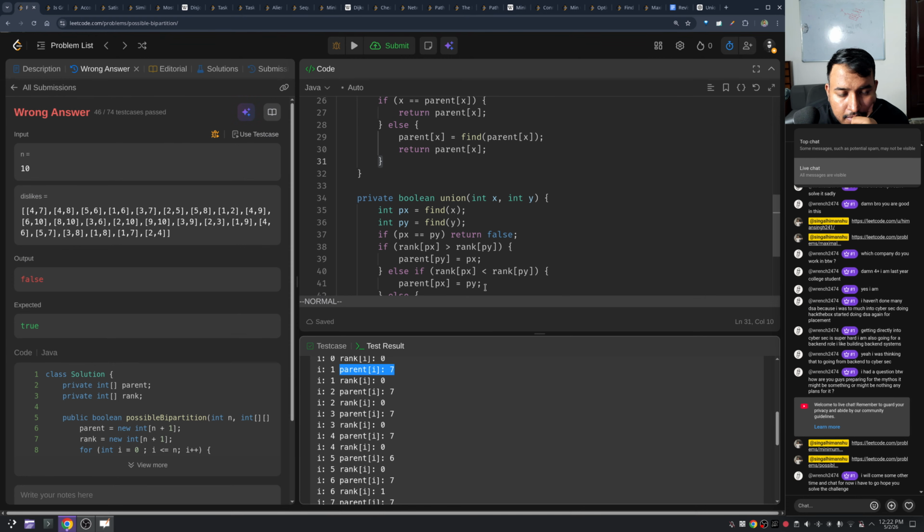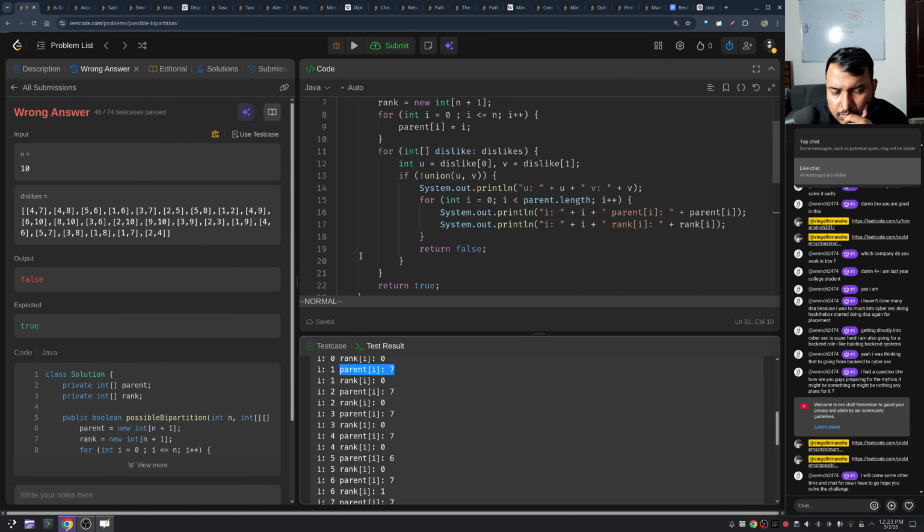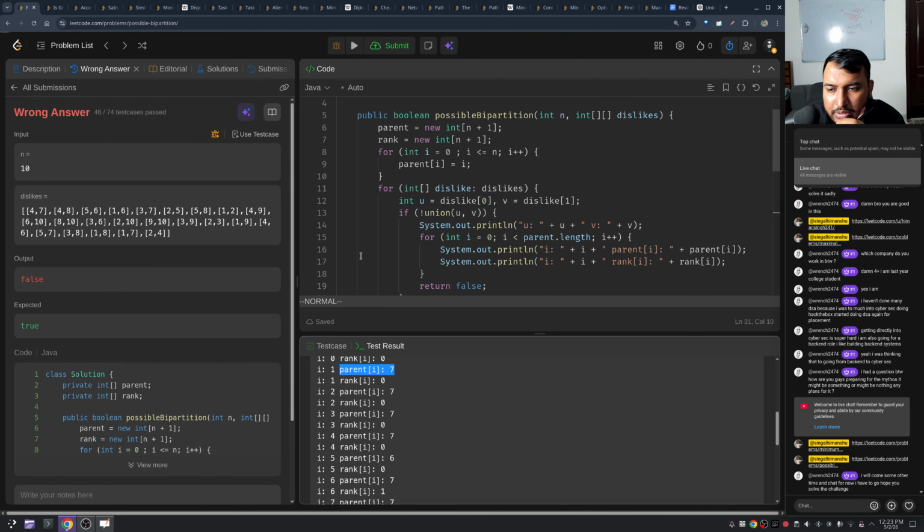How is this possible? Should I be sorting or something? I don't know. Will that make a difference?